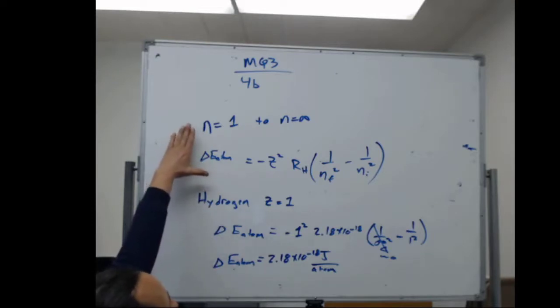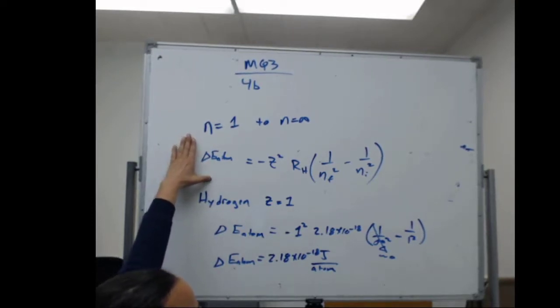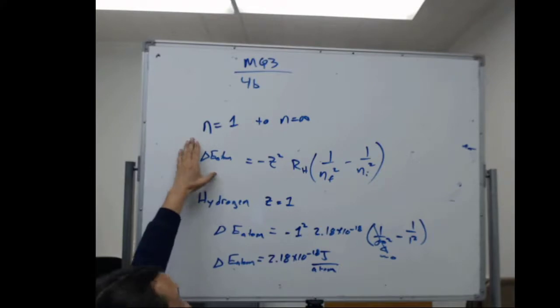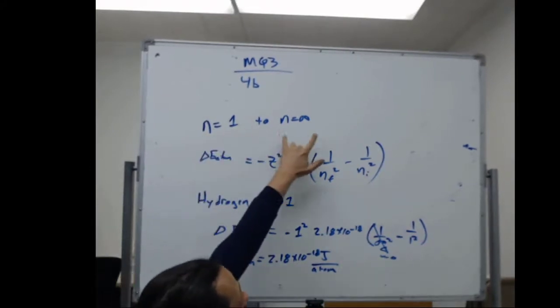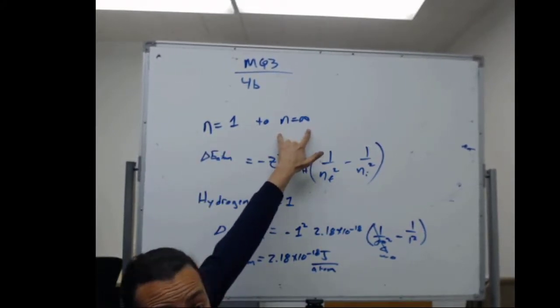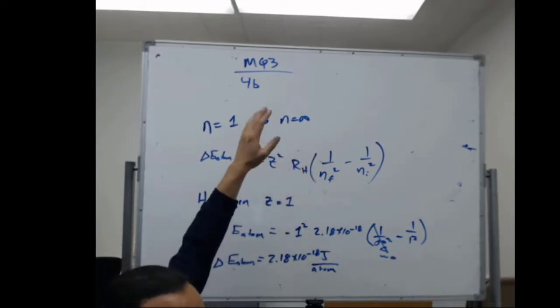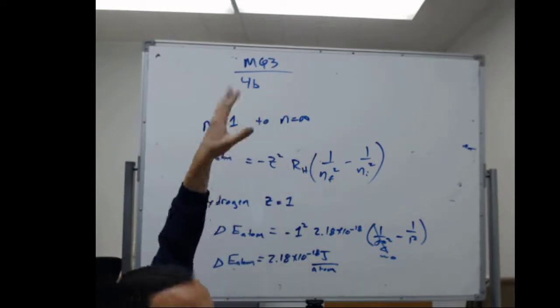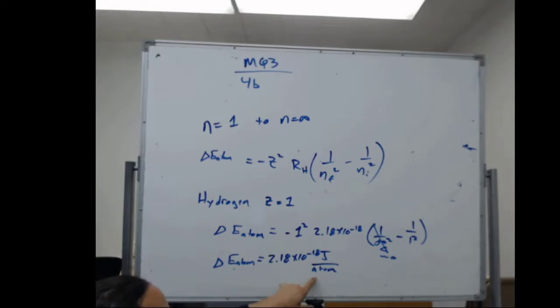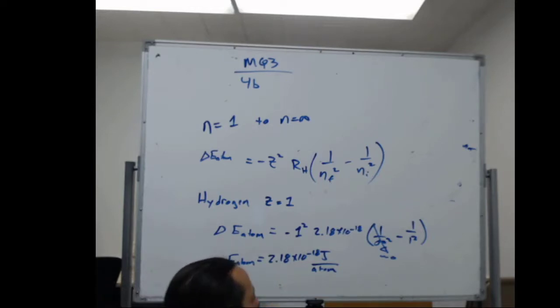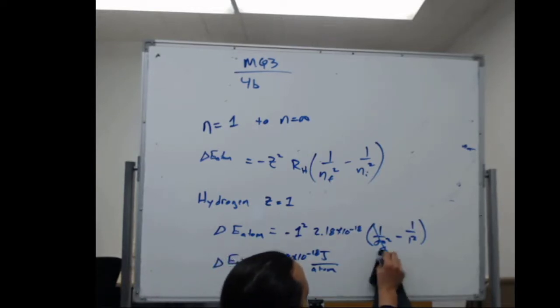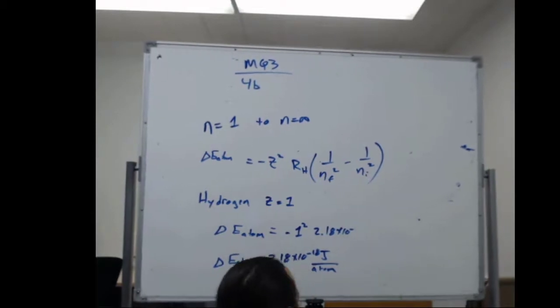So after we recognize the Rydberg equation we're looking at in terms of the atom change, and we recognize the ground state to the highest possible excited state, infinity, again, like 5 gazillion, now we're just doing unit conversion. I want to get it in terms of kilojoules per mole.